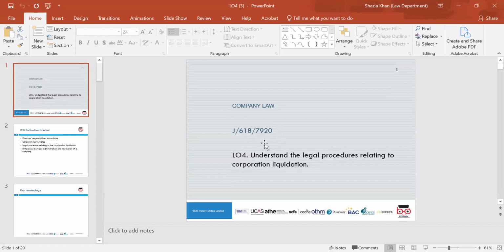Overall, we looked at member voting rights, classification of shares, variation of rights of shareholders, and minority shareholder protection, in regard to how majority shareholders are more protected than minority shareholders.